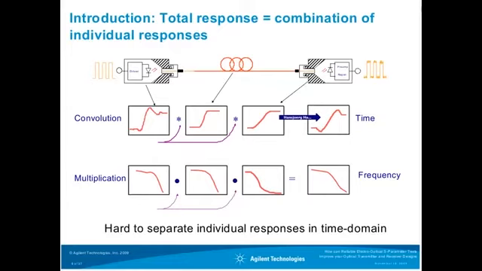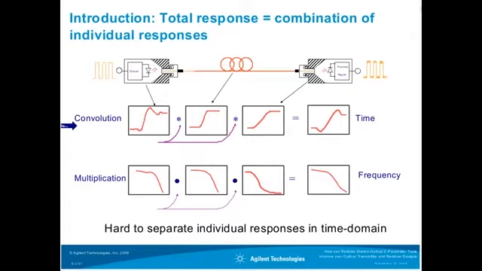But if you now want to go back to the individual responses, it's very hard to distinguish between the individual contributions. In the time domain, the overall response is a concatenation of the individual responses, and the concatenation is basically a convolution of the individual responses.